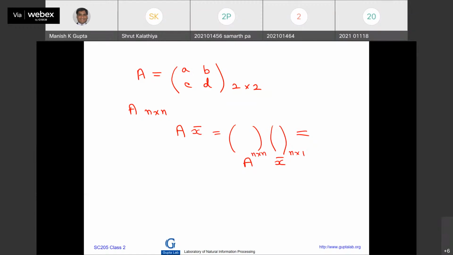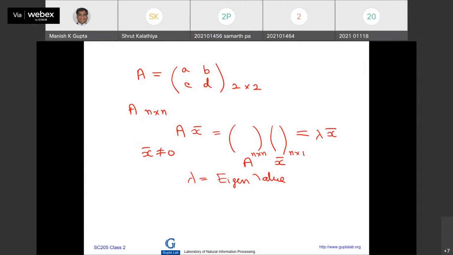Take a matrix A, multiply it with a non-zero column vector, and if it turns out that it is some multiple of X, then lambda is known as eigenvalue. Remember, X is a non-zero vector.